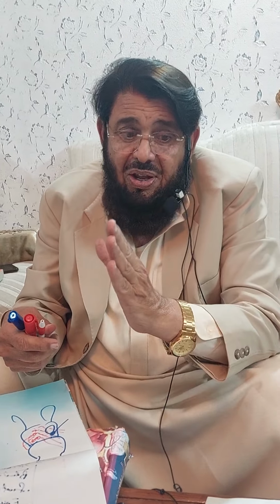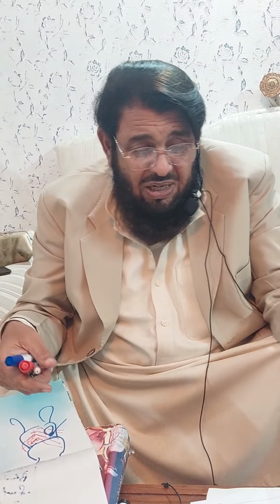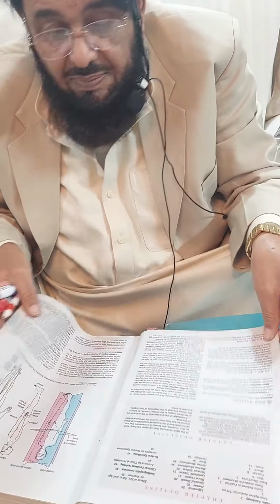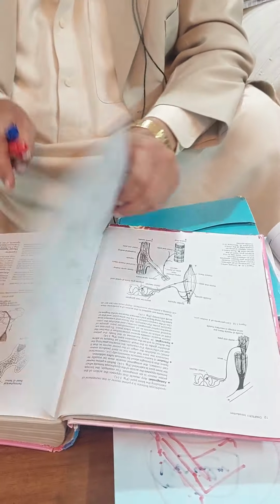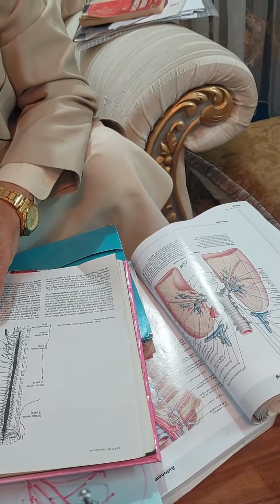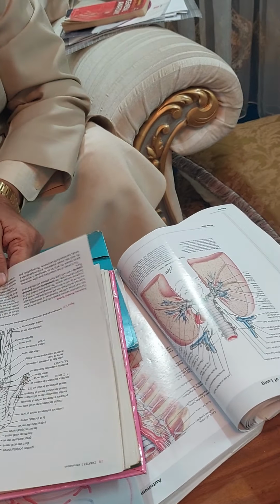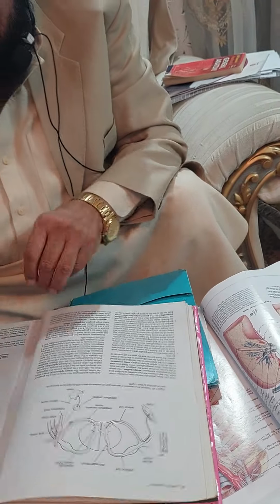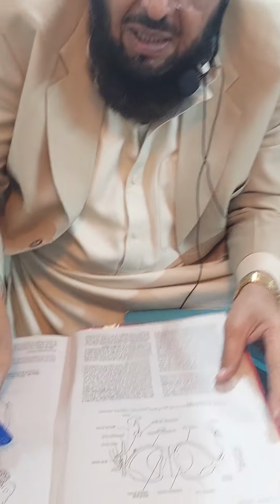These are actually the efferent part of the sympathetic chain, while the sympathetic chain also consists of the afferent part. And look, you can see the afferent part. Just look at this.